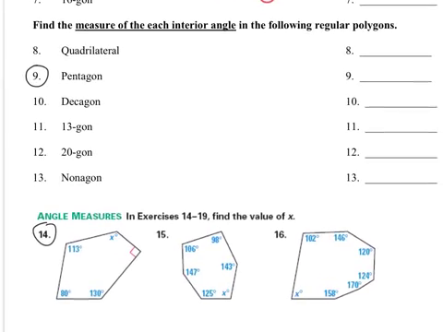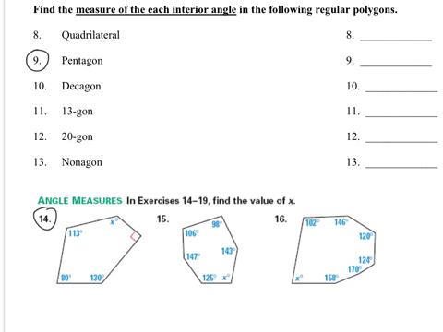Now, in this section of problems, and we'll look specifically at number 9, it says find the measure of each interior angle. So not just the sum of all the angles put together, but each individual angle, we want to know what that measure is. Now, the key here is regular. A regular polygon is a polygon whose sides and angles are all the same. So between the sides and angles within that shape, they all have the same measure and length.